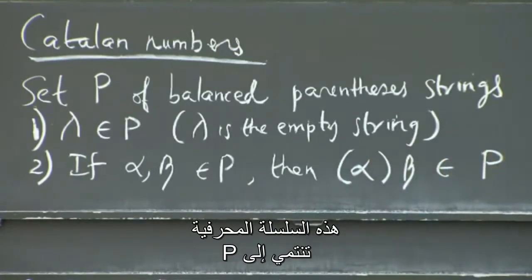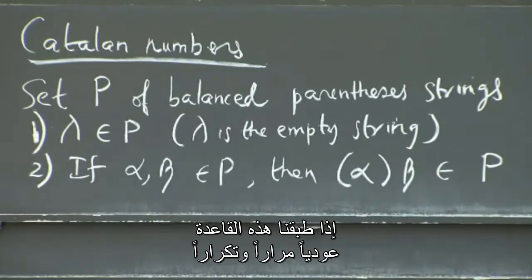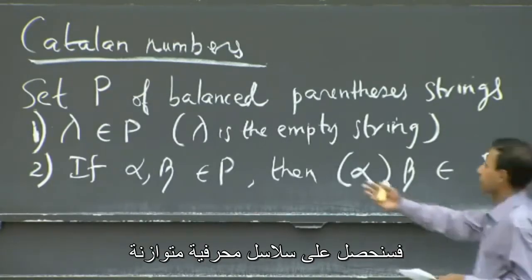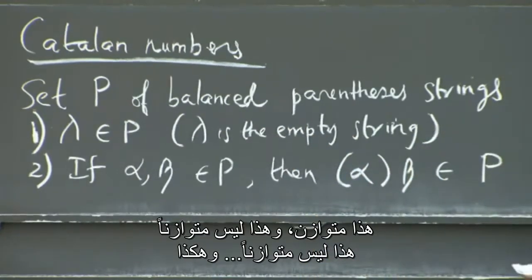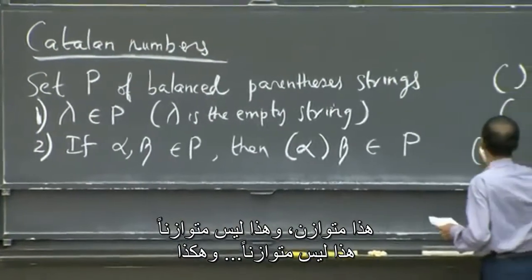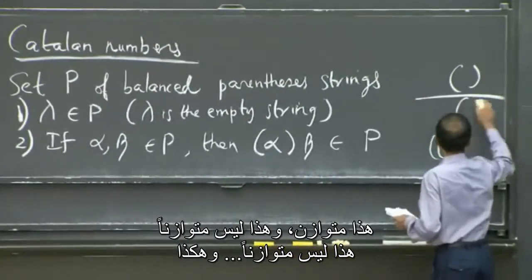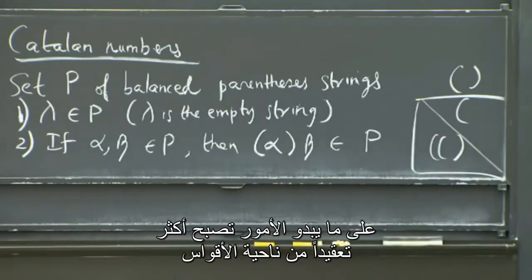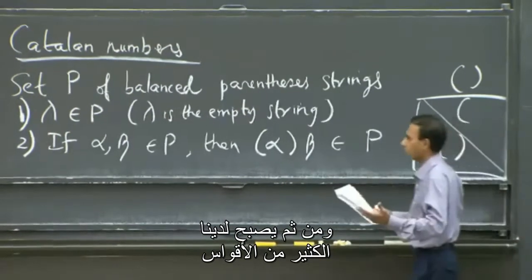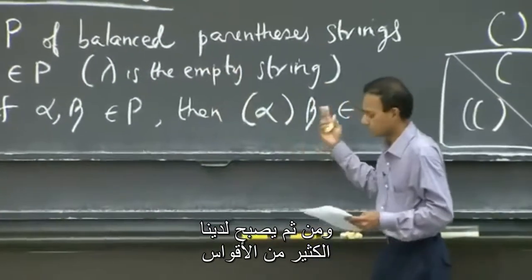Okay? So you iteratively or recursively apply this rule over and over, and you start getting strings that are balanced, right? So this is balanced. Now that's not balanced. This is not balanced. And so on and so forth. Obviously, things get more complicated in terms of the parentheses when you have more brackets or parentheses.